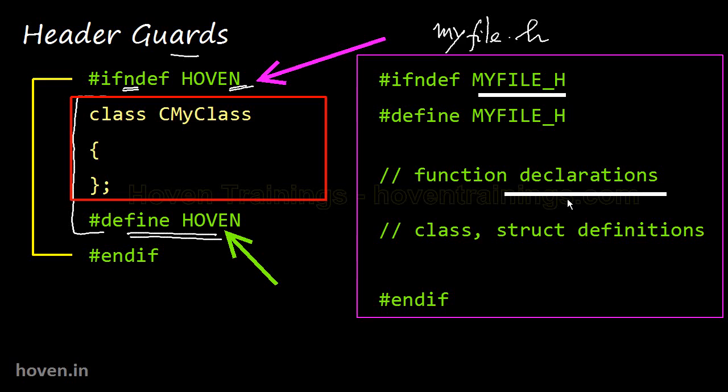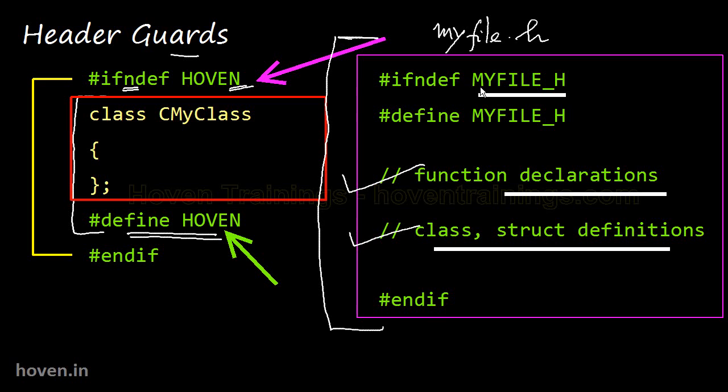Function declarations are written inside this guard. The class and struct definitions are also written in this guard. So these will appear only once, and these will then also appear only once. So this is the most general arrangement of a header file.